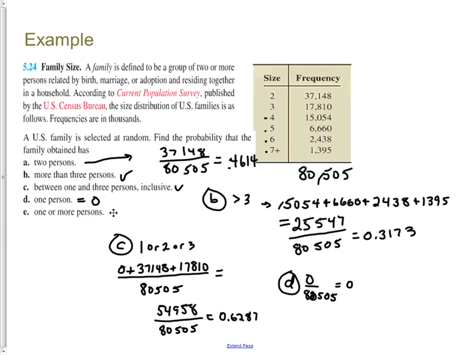Probability of one or more persons? Well, all the families had more than one person, so our probability would be 80,505 families divided by 80,505 families. The long story short is that there is exactly a probability of 1, or 100%, that that's true. That's sort of an interesting thing to see.